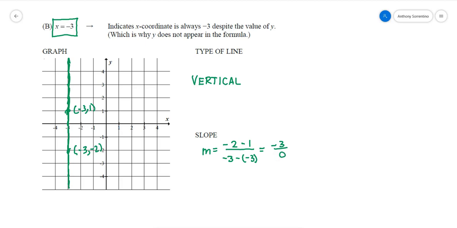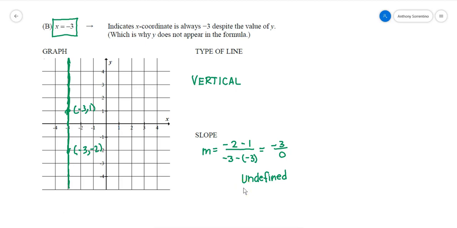We talked about numbers having zeros in the denominator before. They're not allowed. They don't exist. This is undefined. Basically, this slope has all rise but no run, whereas a horizontal line has no rise but all run. It's an undefined slope. So a vertical line has the equation of x equaling a number, and the slope of a vertical line is undefined.